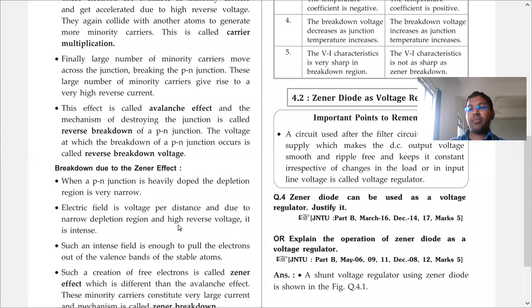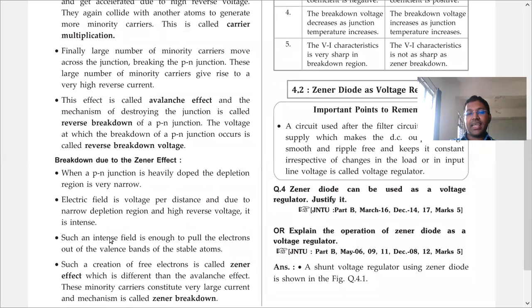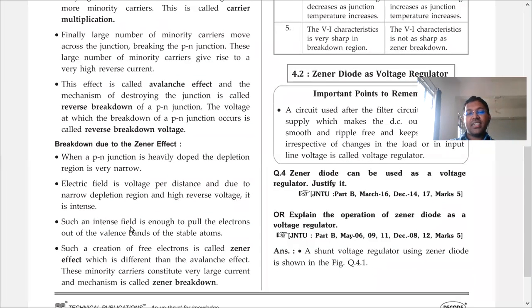E is inversely proportional to distance. The width of the depletion region is thin, so the electric field intensity is high. Such an intense electric field is enough to pull the electrons out of the valence bonds of the stable atoms. This high electric field intensity will pull out the electrons from the atoms.